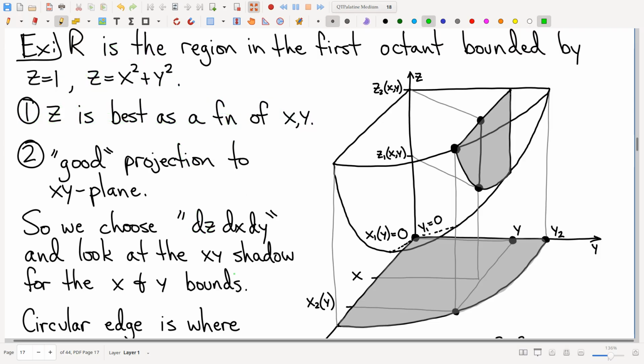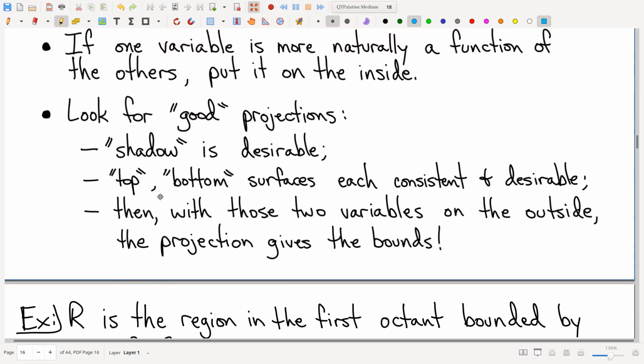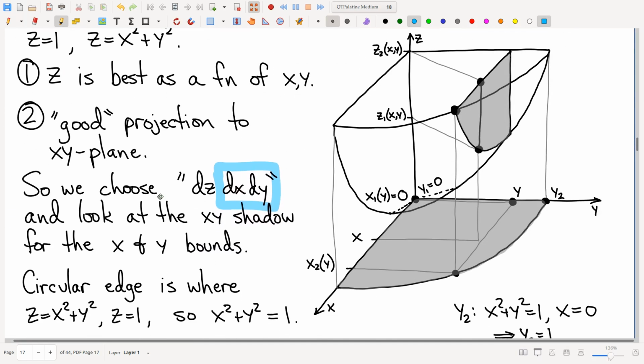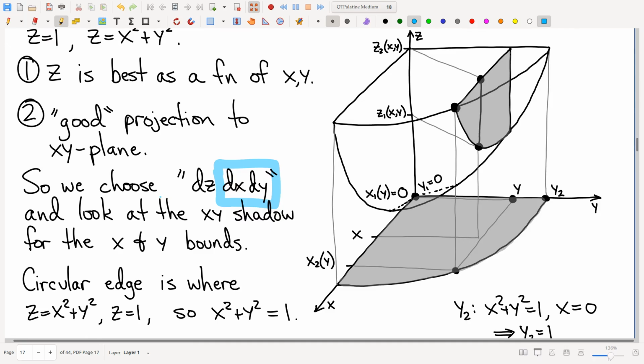Okay. All right, well, now that means that I'm going to have dx and dy on the outside. So here begins our discussion about good projections. This is what we skipped up here. What is a good projection? So I'm just going to walk through how this works out in this case.